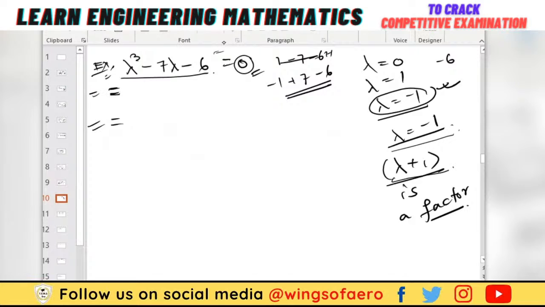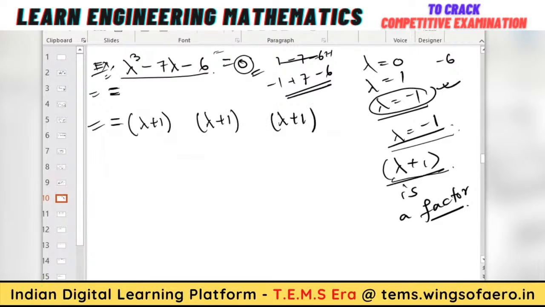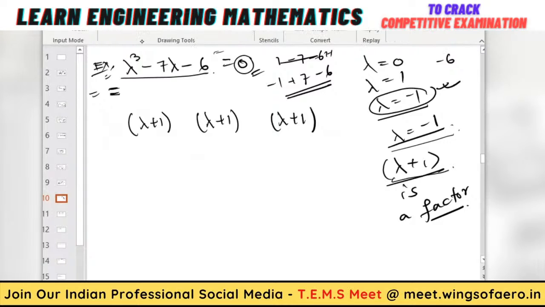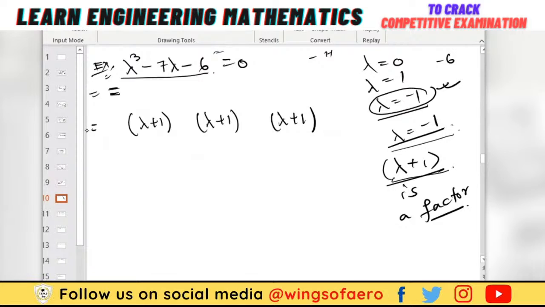Now leave this second step, start with this third step. Lambda plus 1, lambda plus 1, lambda plus 1. Your task is done. Now just simply balance it.